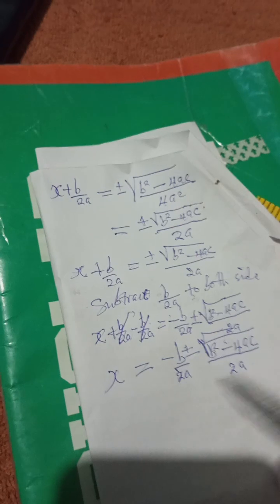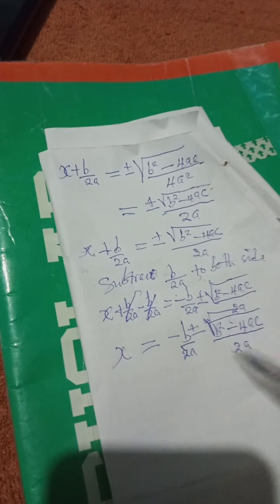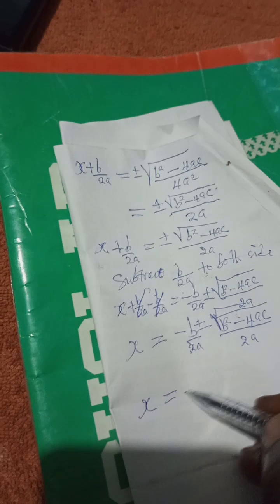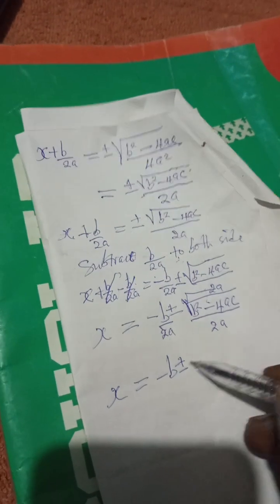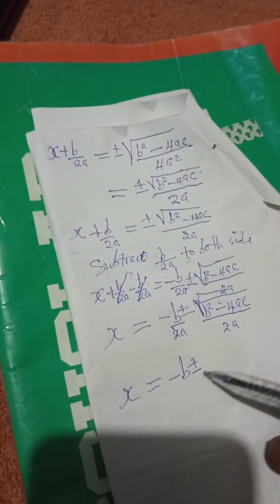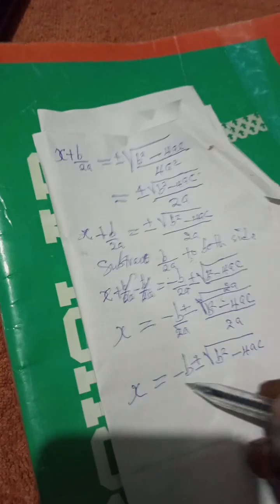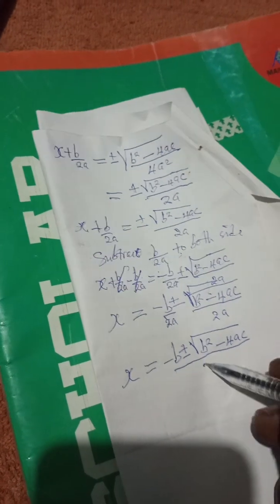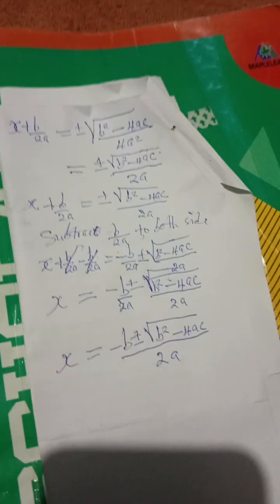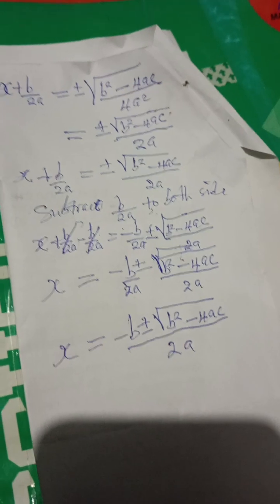Now the terms have the same denominator, the LCM is the same. So x will be equal to minus b plus or minus the square root of b square minus 4ac, now all divided by 2a, which is your quadratic formula.